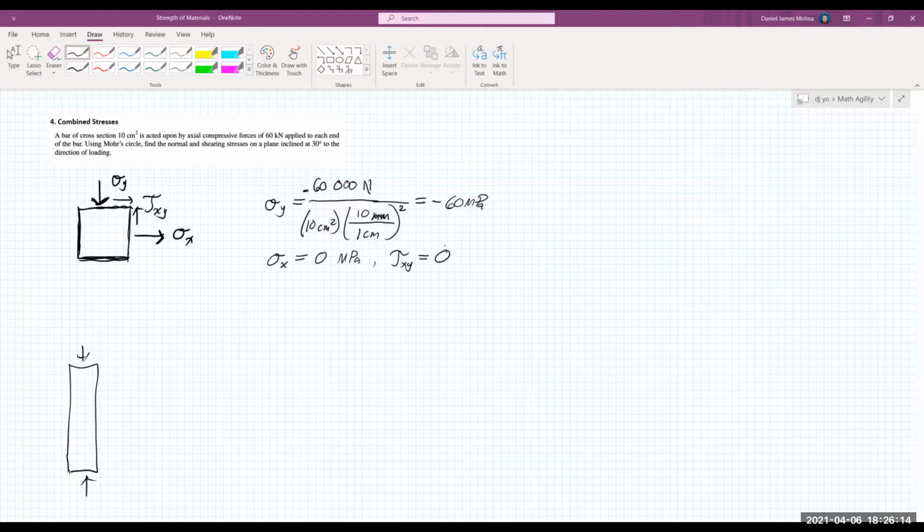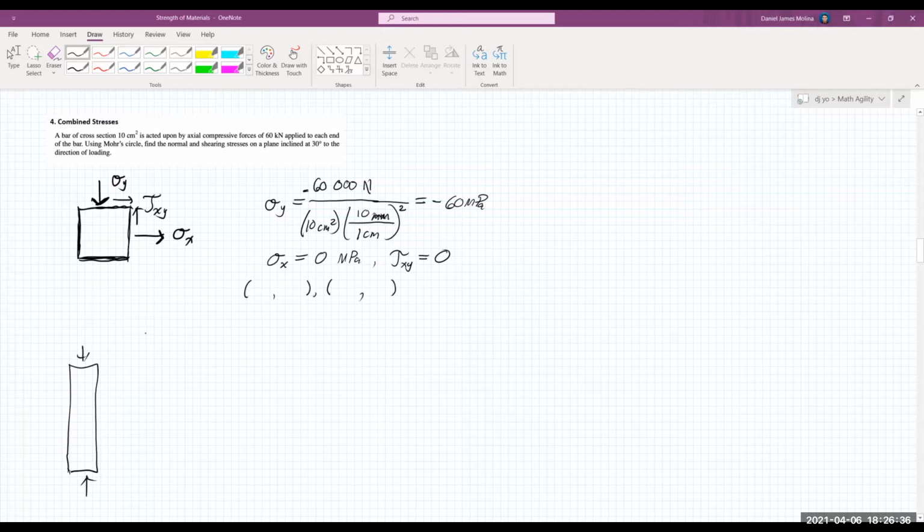So from there we can now draw the Mohr circle. But first we have to write the coordinates of the endpoints of a given diameter of the Mohr circle.